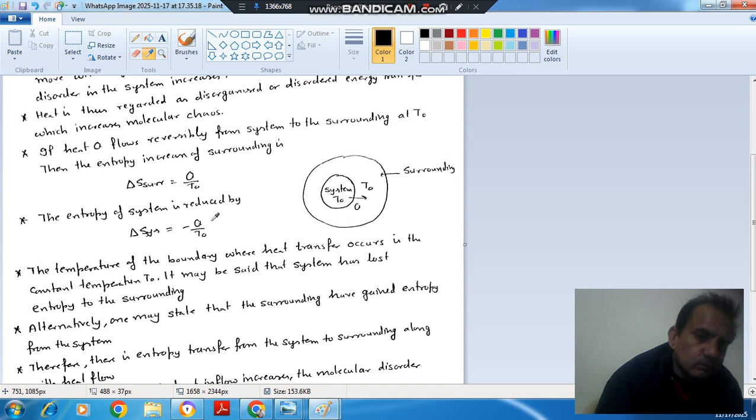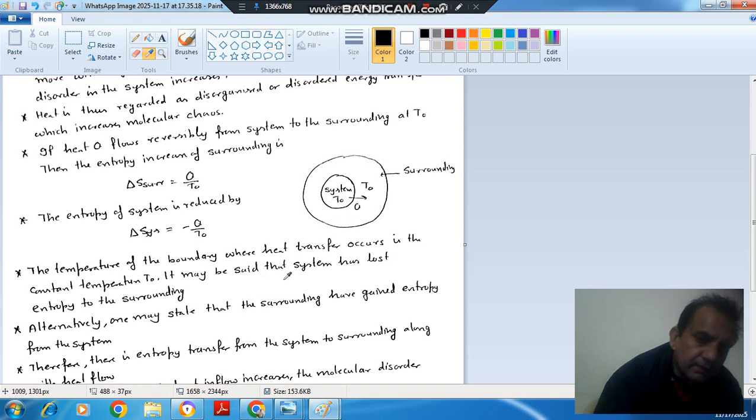Reading this out: if heat Q flows reversibly from system to surrounding at T0, then the entropy increase of the surrounding, delta S surrounding, is Q by T0. The entropy of the system is reduced: change in entropy of system is equal to minus Q by T0. The temperature of the boundary where the heat transfer occurs is the constant temperature T0.